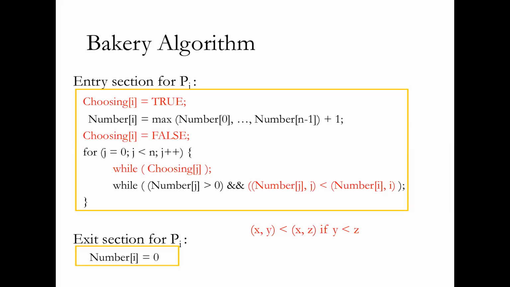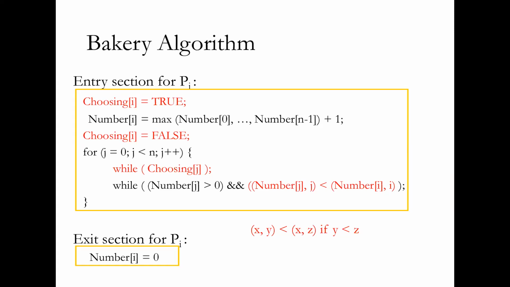I'm trying to calculate my ticket number, but while I'm doing that, I don't have anything. So effectively, other threads will be stuck while I'm choosing J. Only when I finish my calculations will they look at my number and make a decision based on that. So that's the way it works.